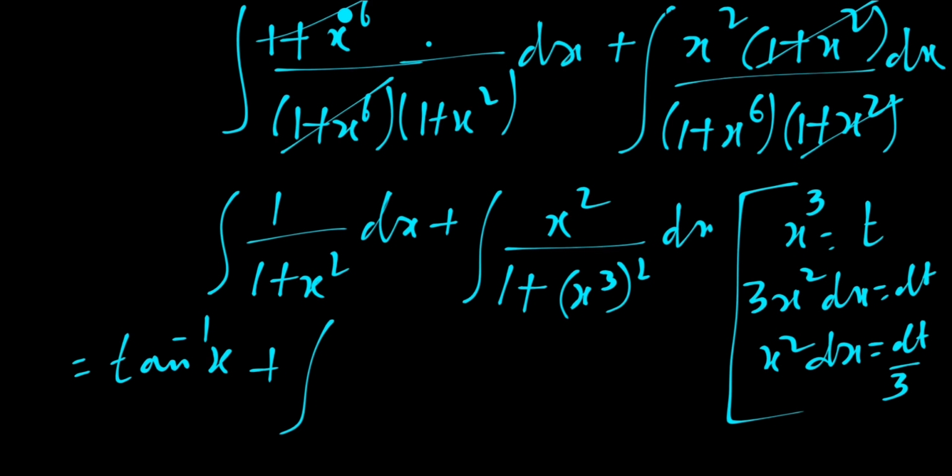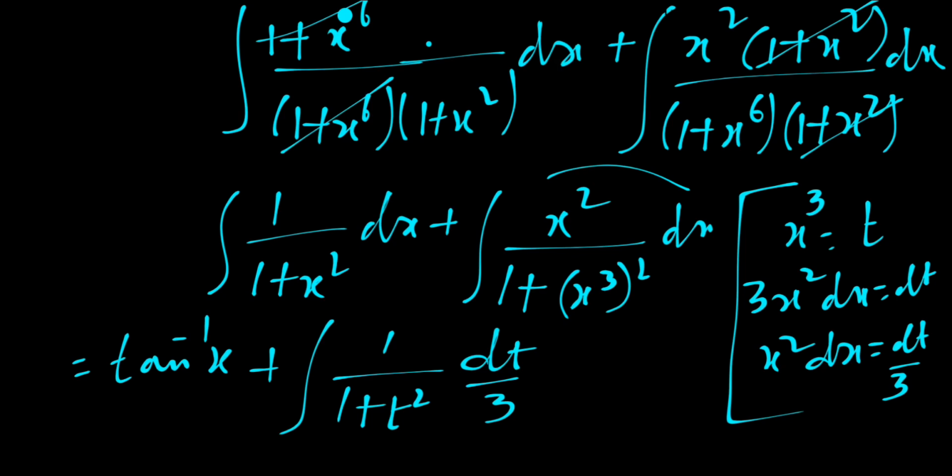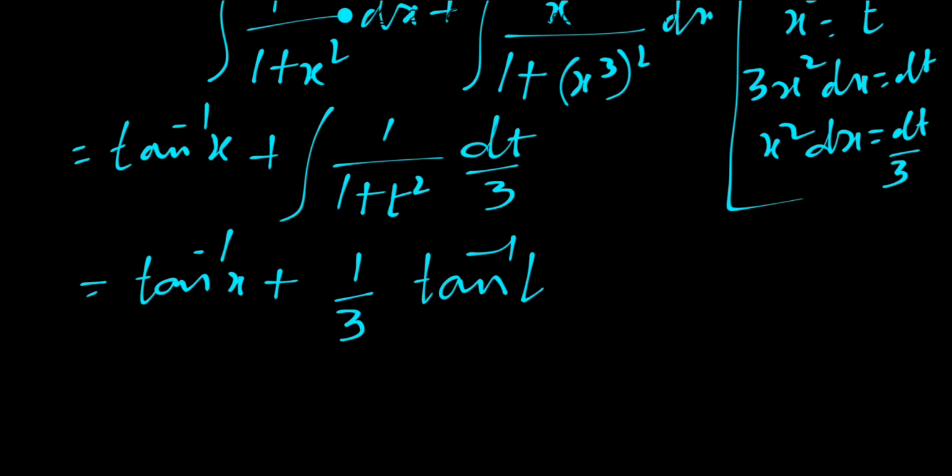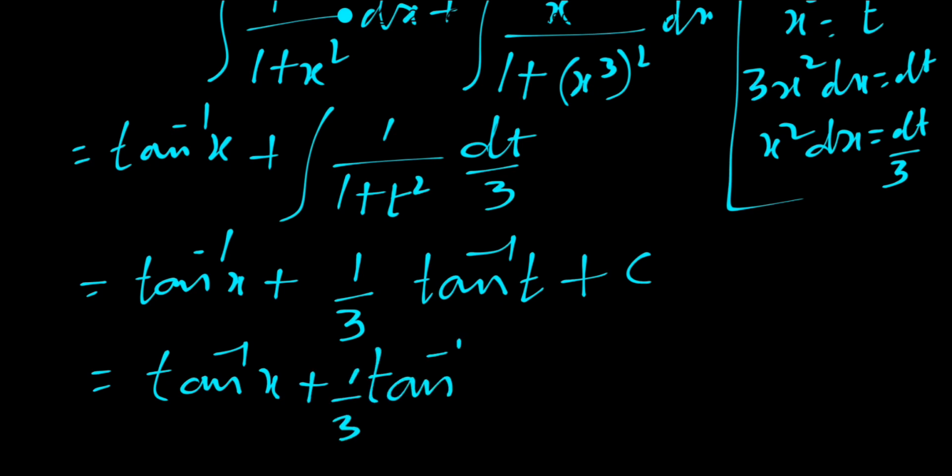Now here substitution 1 by 1 plus t square, x square dx is nothing but dt by 3. So next, same simplification here also, tan inverse x plus 1 by 3 right outside, again formula tan inverse t, tan inverse x plus 1 by 3 tan inverse t.